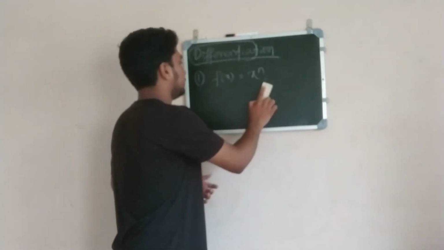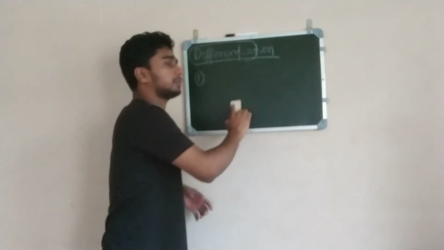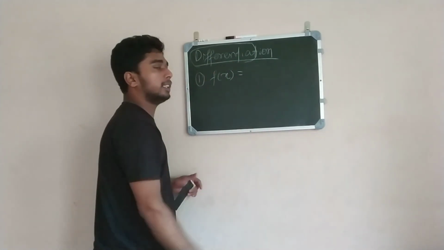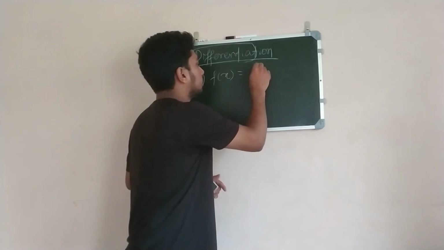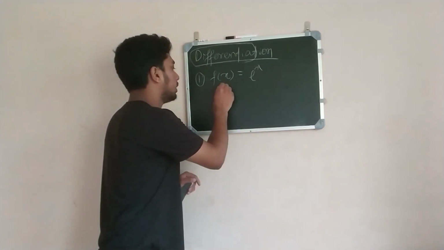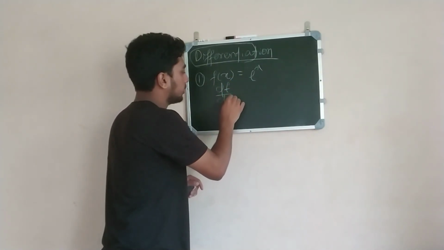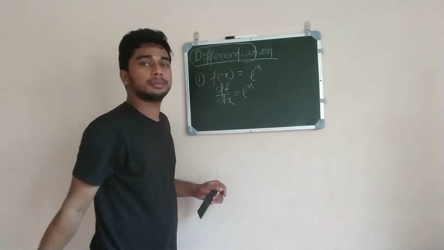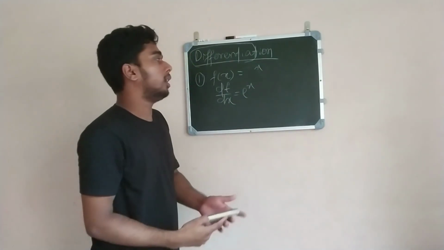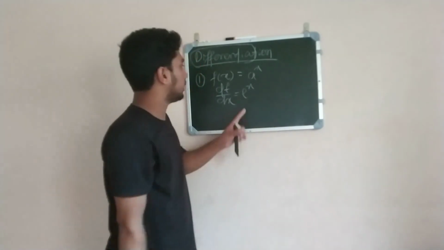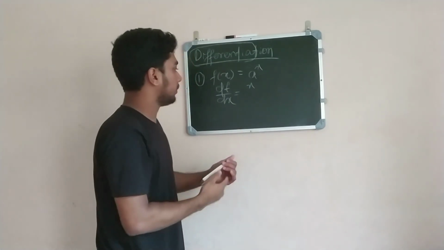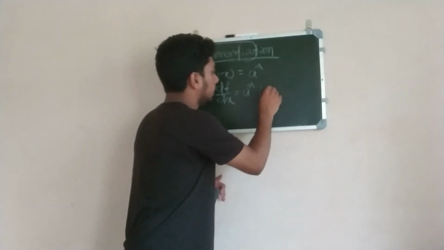Next, let's discuss the next formula. If f of x is e to the power x, then just remember df by dx will be e to the power x. Then if instead of e there is a base a, then I will simply write a to the power x ln a.